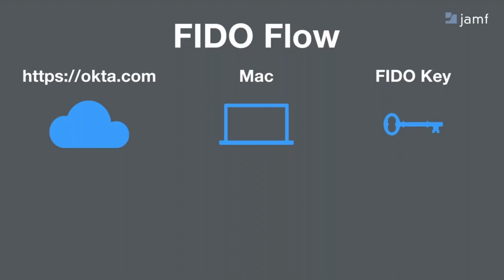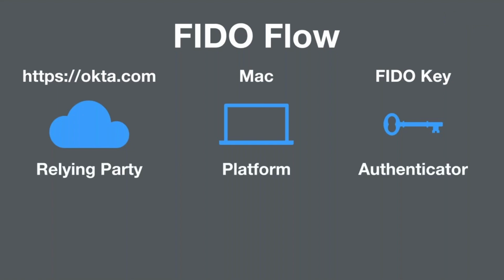All right, so real quick, let's go through a quick FIDO flow, to show you some of the pieces. Three major components. There's a relying party. This is the website or the web server that you're trying to connect to. There's the platform. This would be your Mac or your iOS device, and more specifically, it's probably the web browser that you're using. While you can have apps use FIDO natively, what you're probably going to find in the wild is mostly websites going through web browsers.